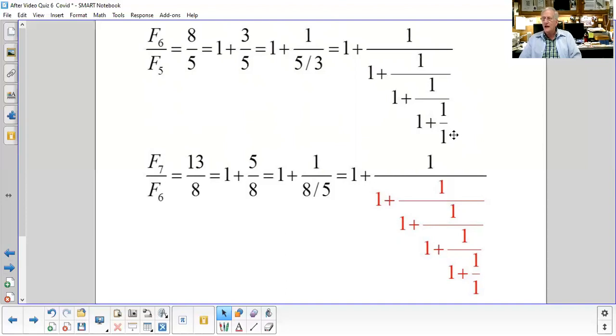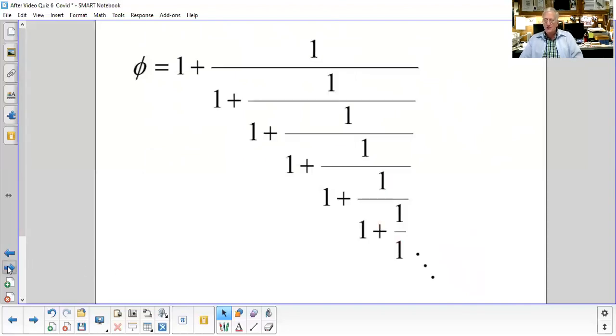Now it's 5/8, but we use 8/5, and we just end up putting these pieces below the other piece. And we just continue to do that. And it just continues to grow and grow as 1 plus 1 over 1 plus 1 over 1 plus 1 over 1 to infinity. And that's what Ed was showing you in the video.